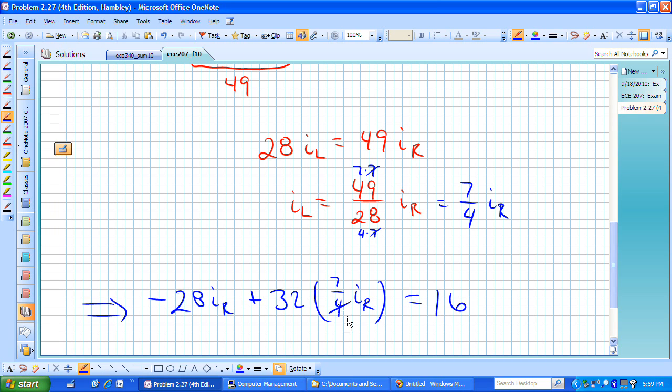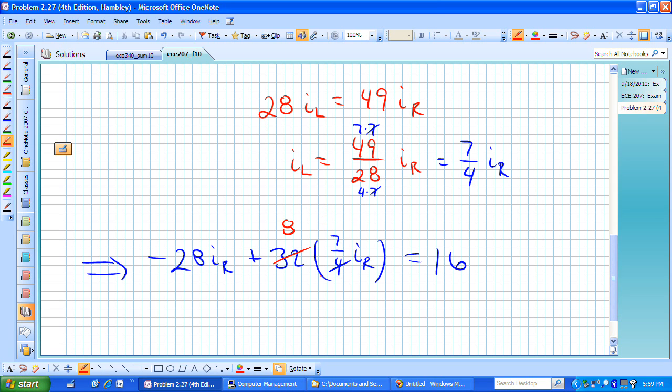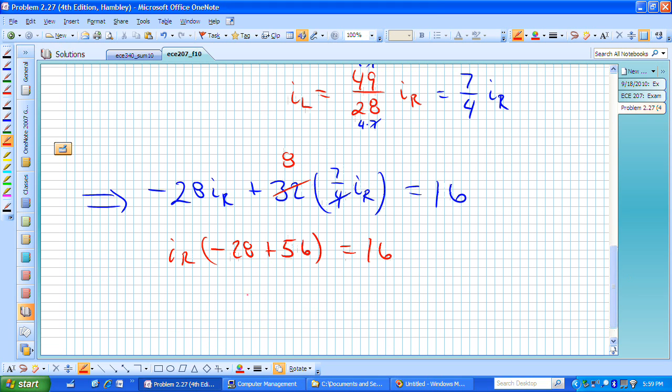This 4 goes into that 32 8 times. I now have minus 28 plus 56 equaling 16, and that's times I sub R, or I have 28 I sub R is equal to 16.